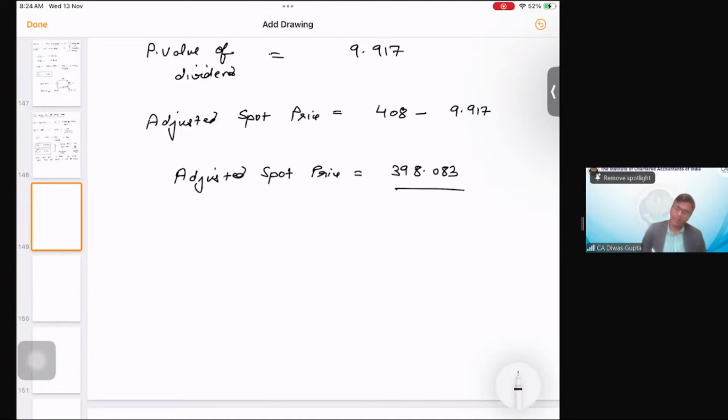Now, using the Black-Scholes model, we will calculate the value of call option.